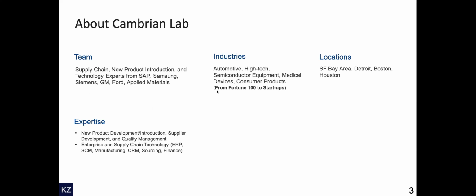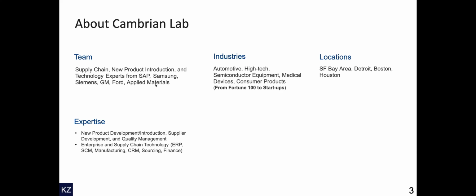A little bit about Deming Lab. We are based out of Northern California, but we do have teams in different parts of the country. Our work mostly revolves around supply chain, quality, and product engineering, new product introductions with the industries where design and supply chains and quality are pretty critical.